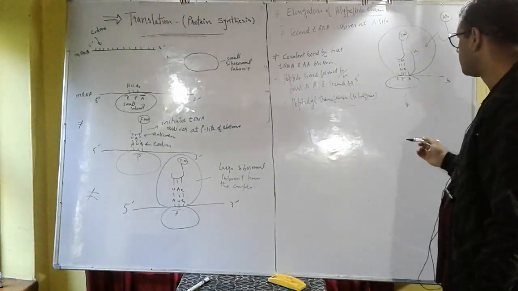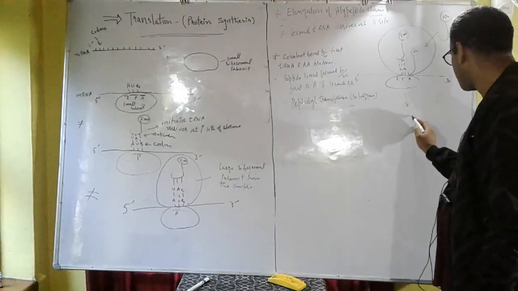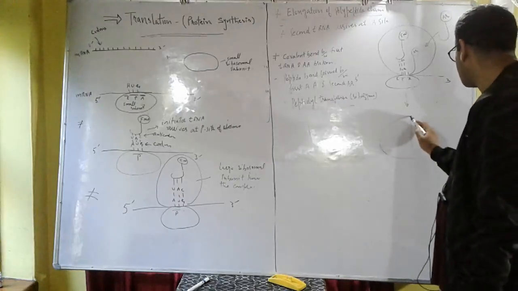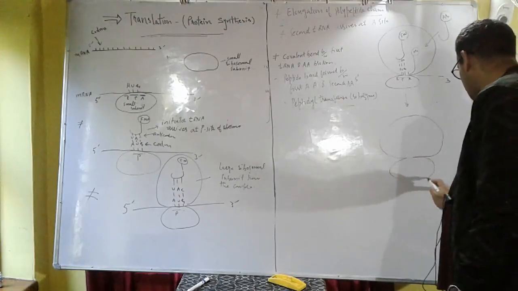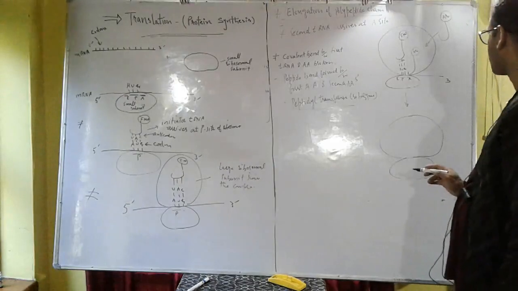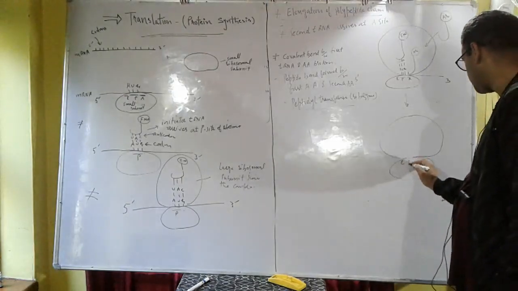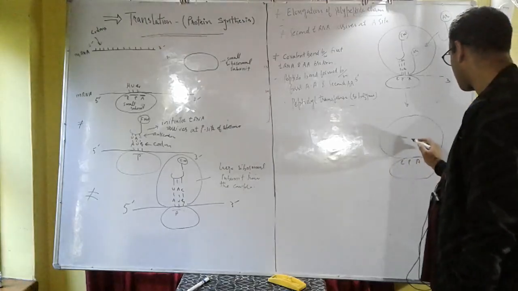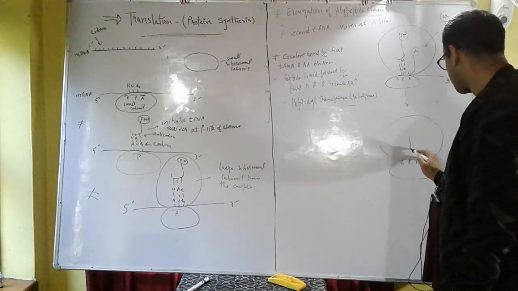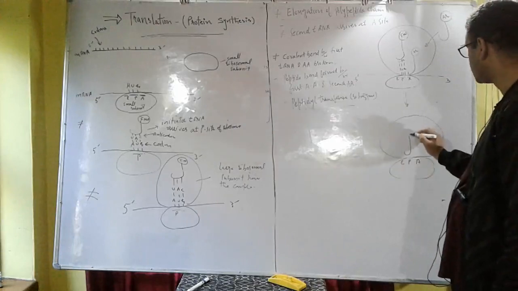Next step, what would happen? This is the large subunit of the ribosome. This is the smaller subunit of the ribosome. This is the E site, P site, and A site. So we have this tRNA at the P site.